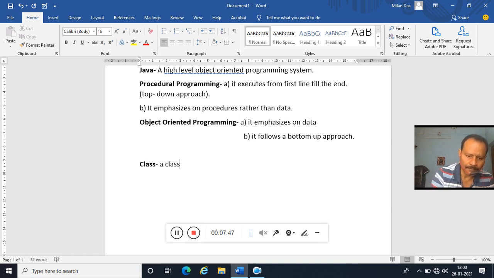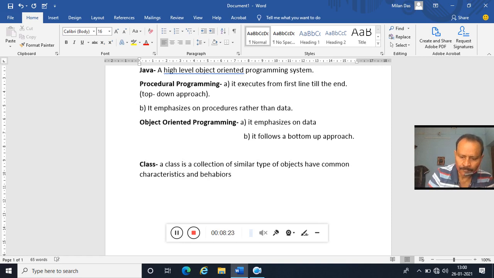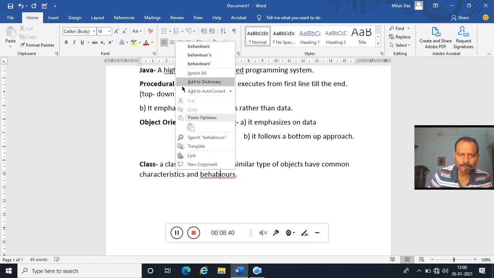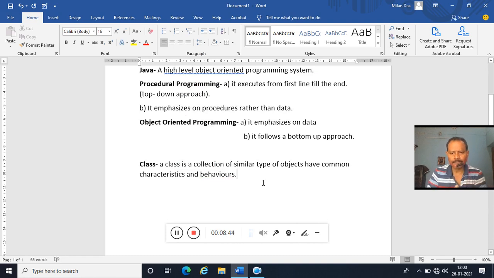A class is a collection of similar type of objects having common characteristics and behaviors.